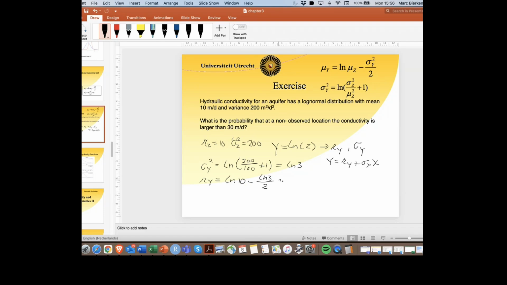Yeah, so let's calculate this one for carrying it further. So this is equal to 1.753.